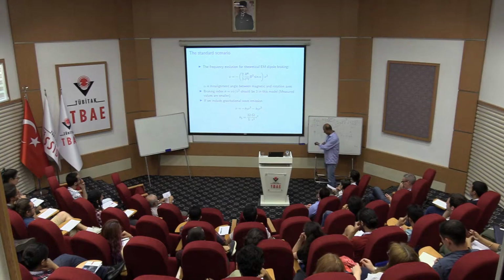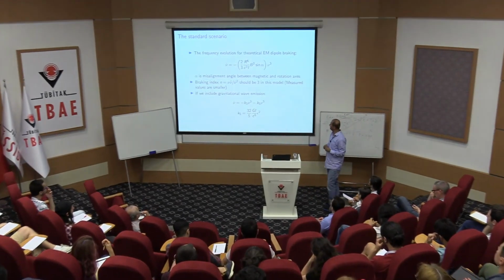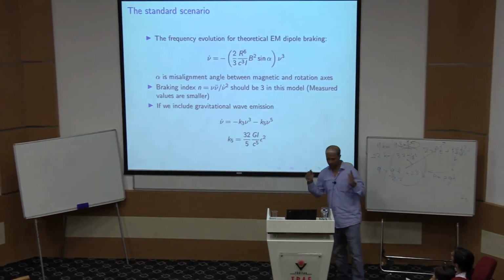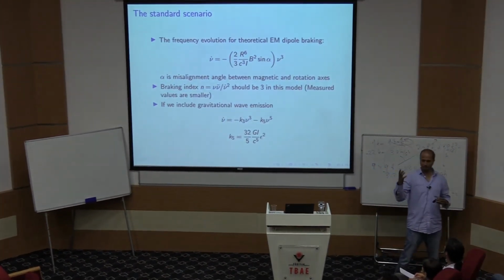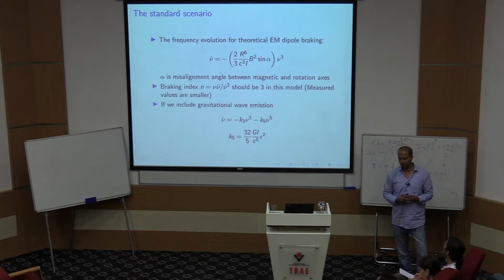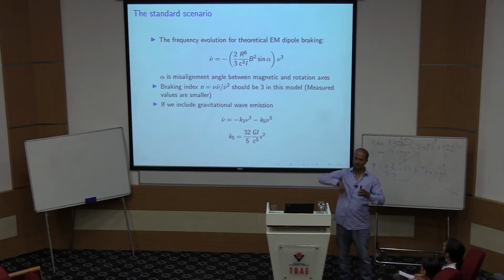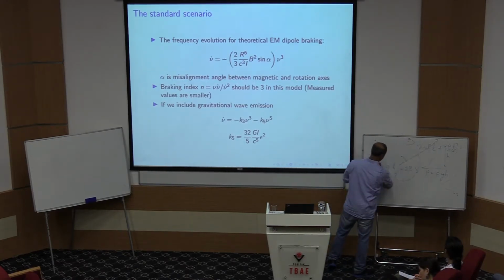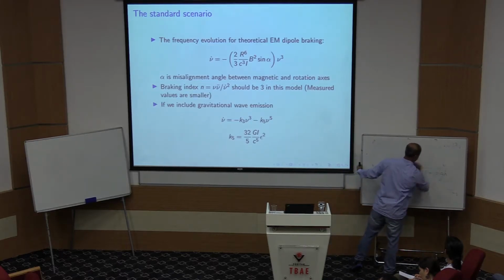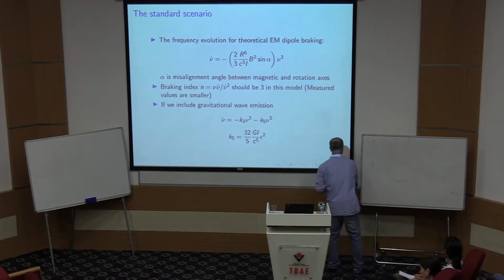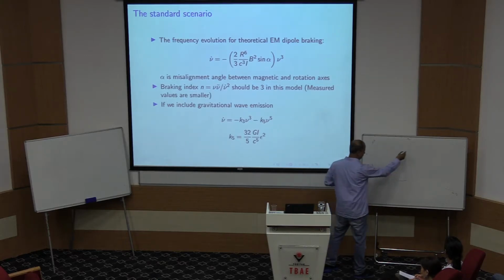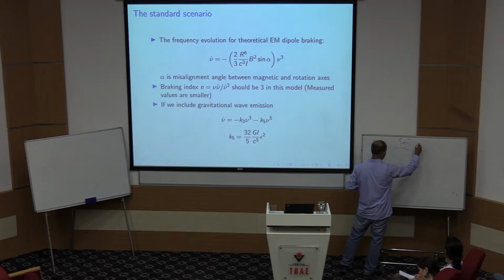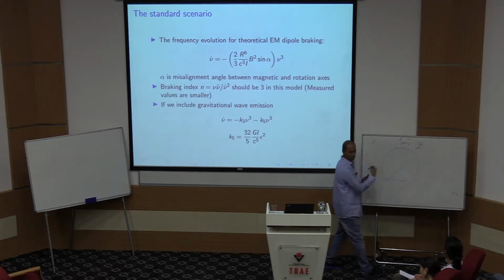So let me talk a little bit more about the frequency evolution. Imagine now that you have not emission by gravitational waves, but emission by magnetic dipole braking. Imagine a neutron star by itself with a magnetic dipole which is misaligned with the rotation axis. Again, you have a neutron star. This is the rotation axis, and let's assume this is the magnetic dipole axis, and that is spinning around the neutron star.